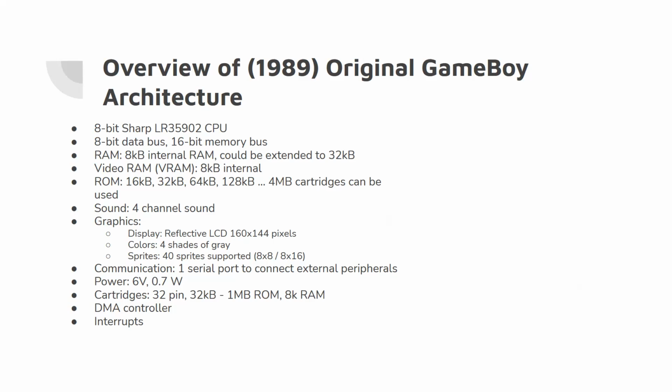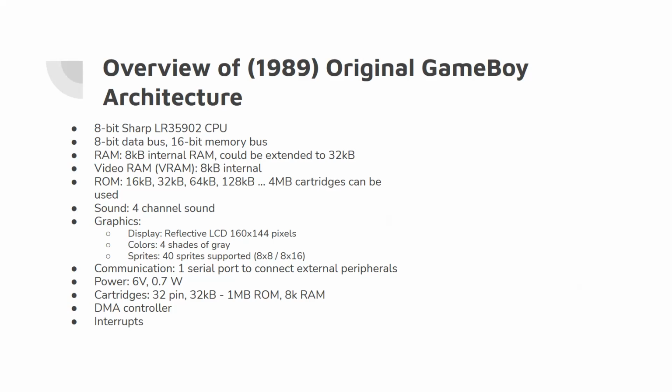It has an 8-bit data bus and a 16-bit memory bus. So you'll see most of the instructions are 8-bit, but they could be referencing 16-bit addresses. That's an important clarification because it'll help you understand what you're seeing when you're interacting with the assembly code in reverse engineering. There is an 8 kilobyte internal RAM, but it can be extended to 32K.